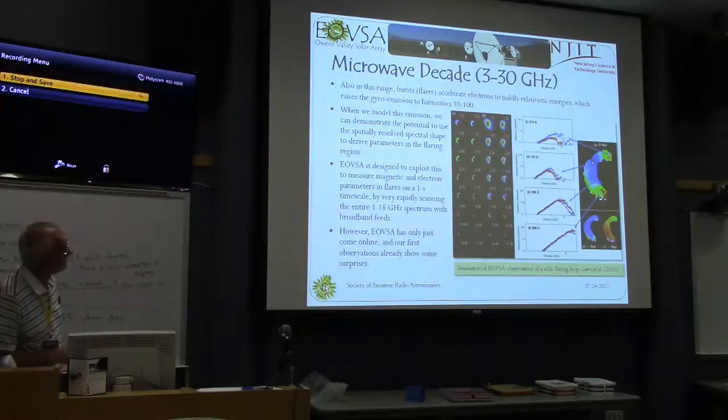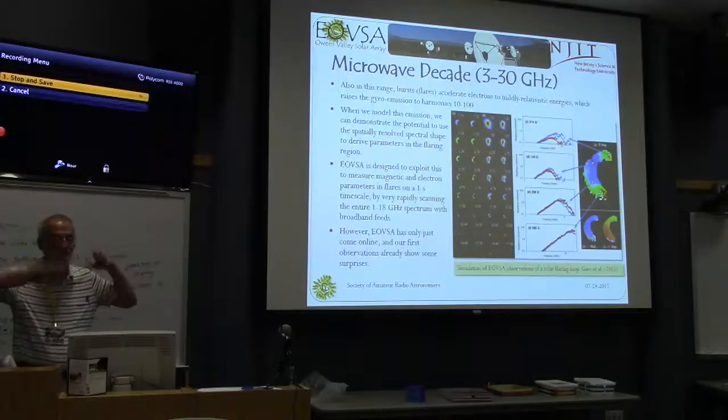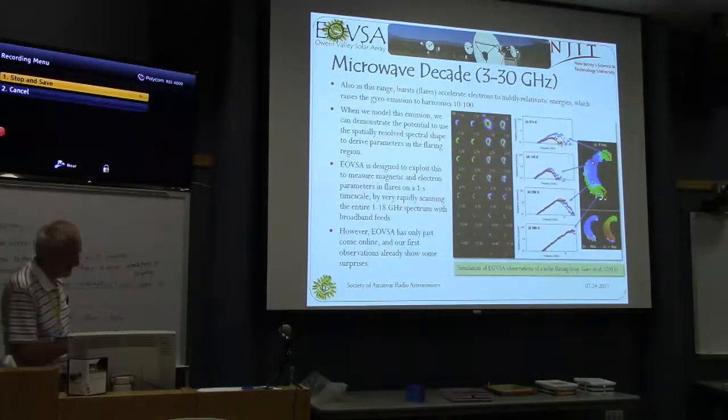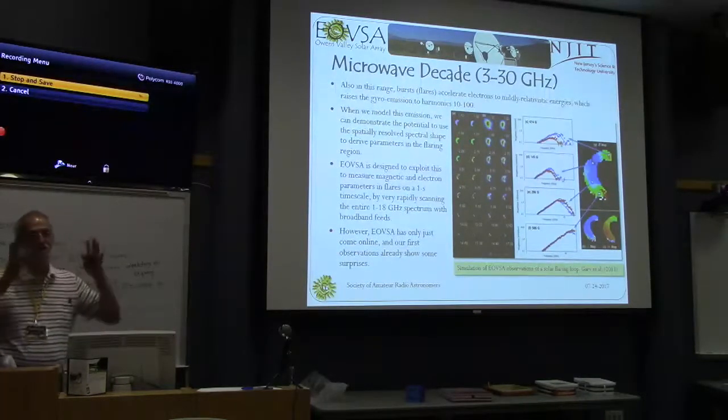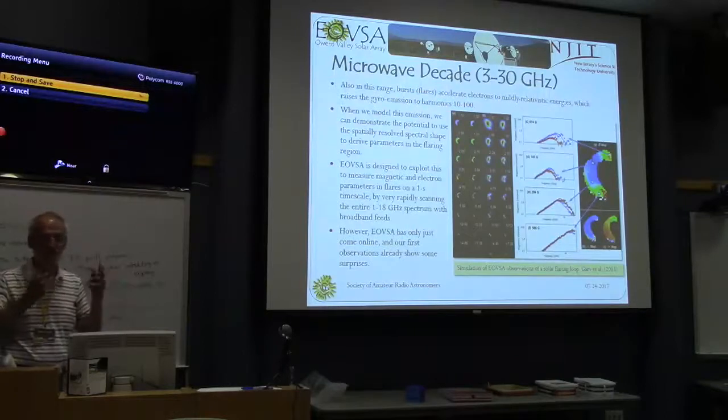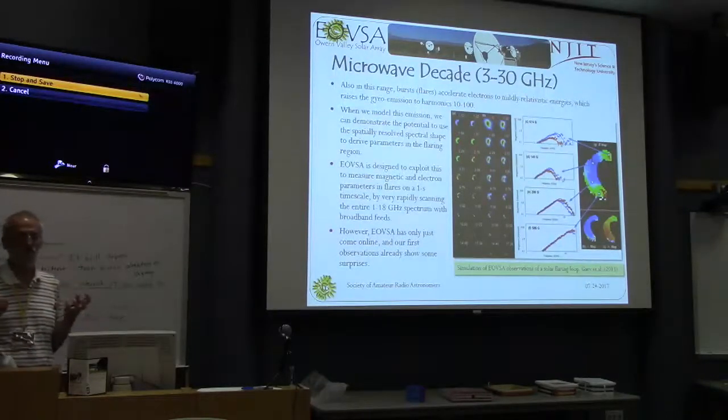You end up with a loop, again a simulation of radial brightness in the whole loop, and as you go down in this diagram, it goes from everywhere in the loop to being dominated at the peak, at the top of the loop, and then eventually becomes dominated at the foot points of the loop. Those are variations of the energies of the electrons and also the magnetic field in the loop.